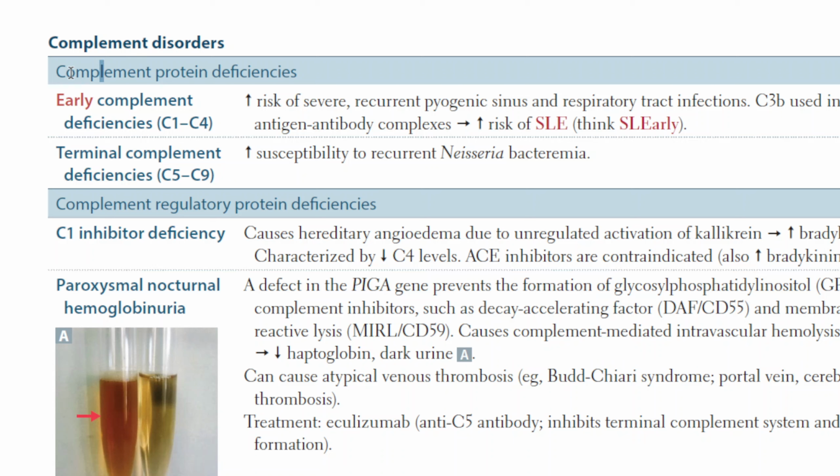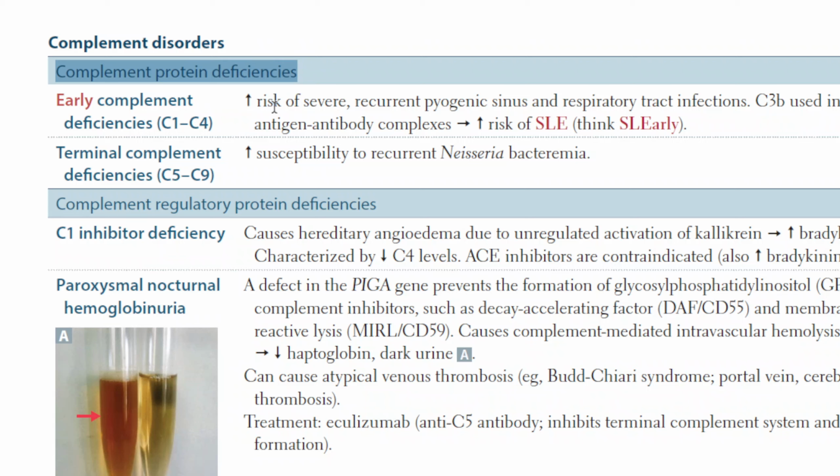For complement protein deficiencies, we have early complement deficiency, C1 to C4. I'm not sure if early refers to early in the numbers or early in life. I'm assuming it's early in the numbers, because it makes more sense since it's C1 to C4.